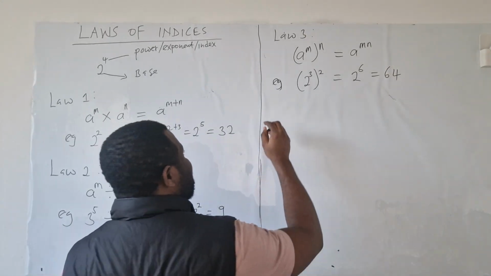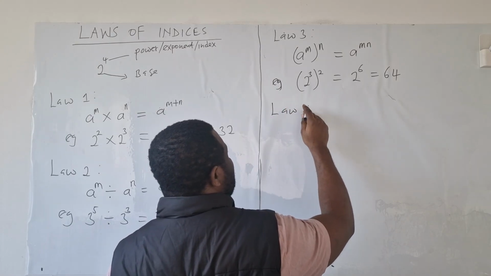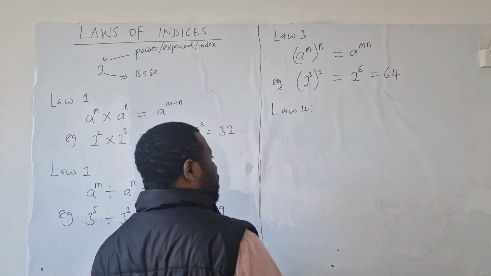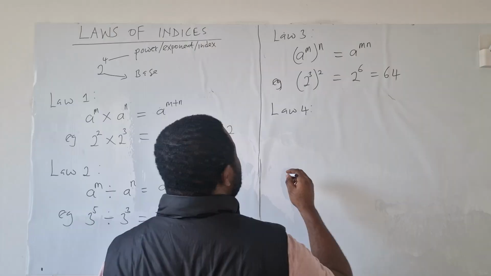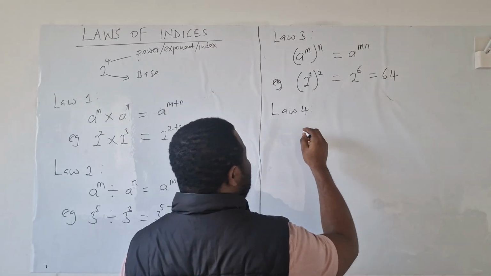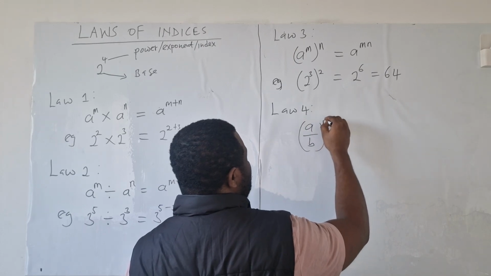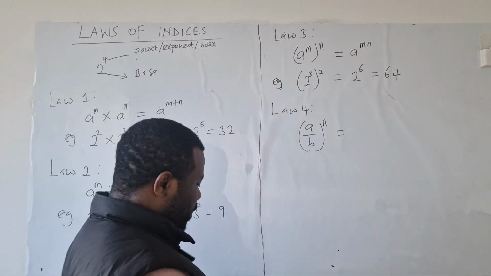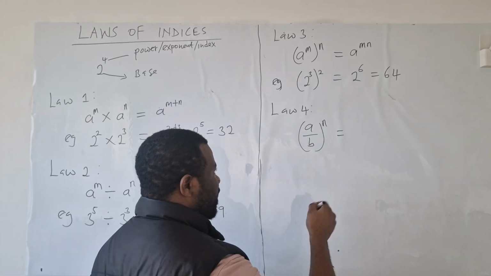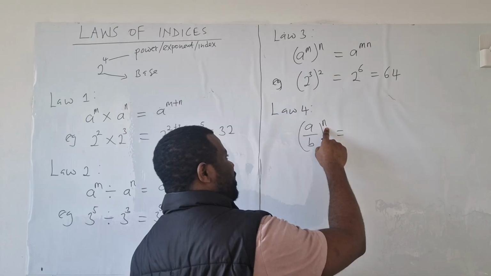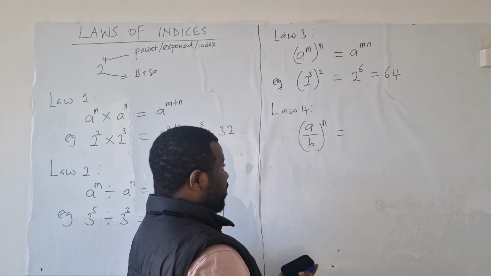Now let's look at law 4, the fourth law. The fourth law says that if I have a fraction, let's say a on b, all raised to a common power, then the power affects both the numerator and the denominator.